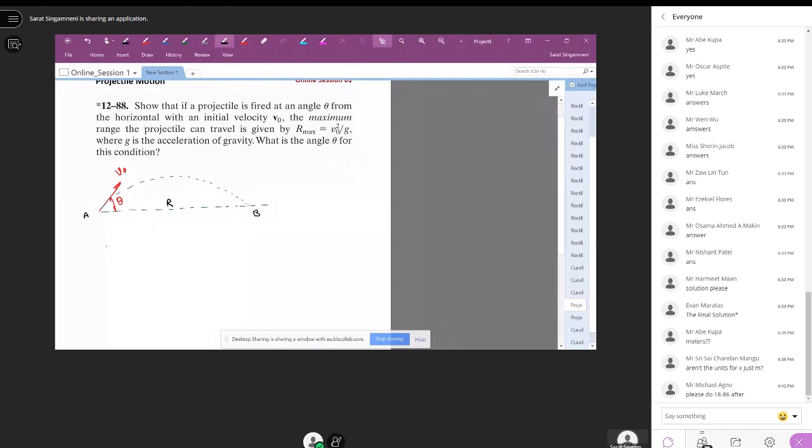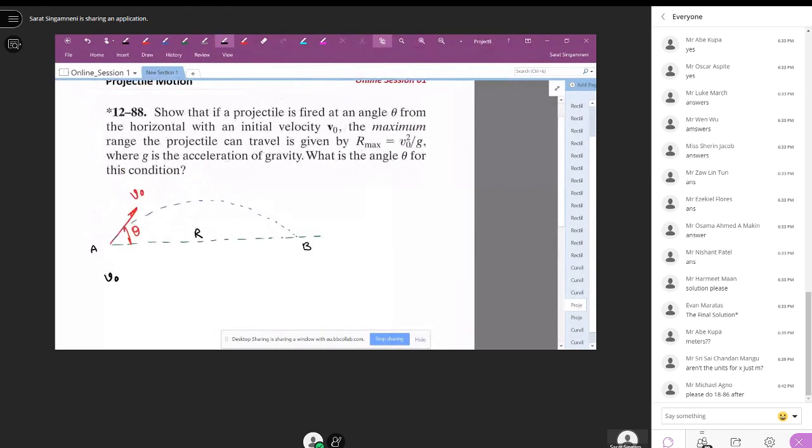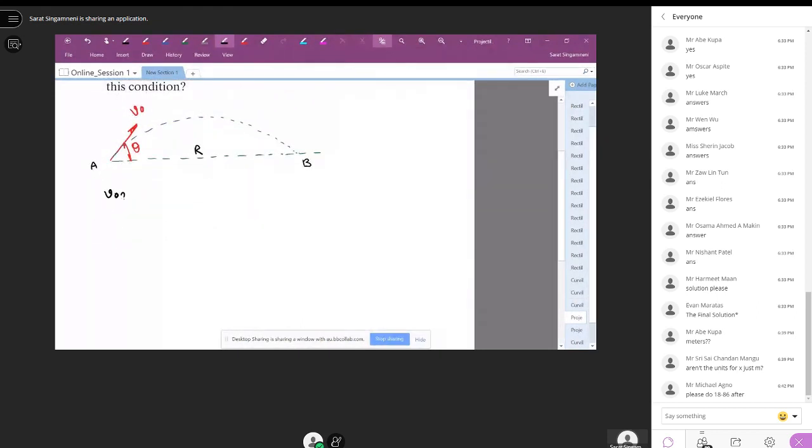Now we know v0x is equal to v0 cos theta, v0y is equal to v0 sine theta. These are the x and y components of that velocity.